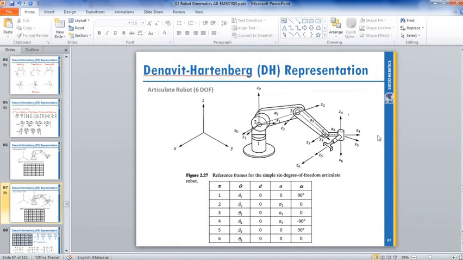Okay, for example this one from before. So joint 1, joint here, X0 to Z0 to Z1. So you can see that in the robot you designed, at first joint 1 Z is vertical, and then joint 2 Z1 is horizontal.